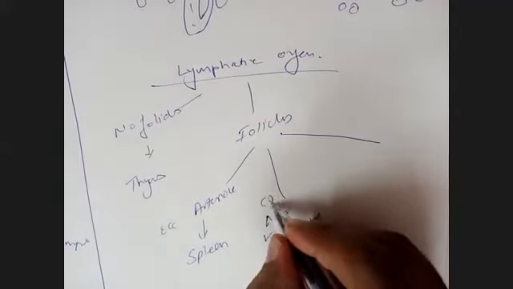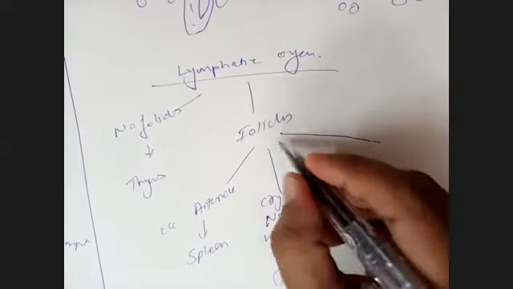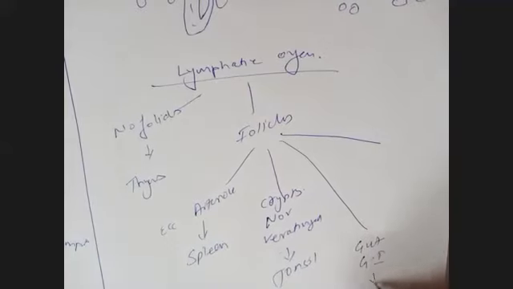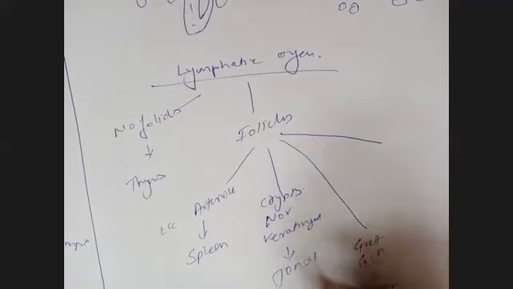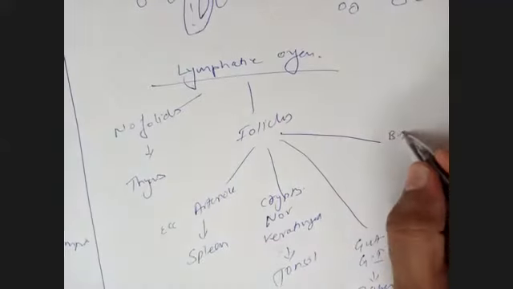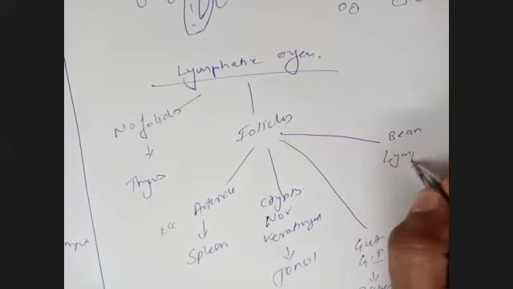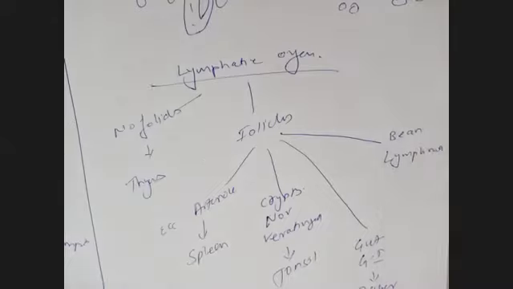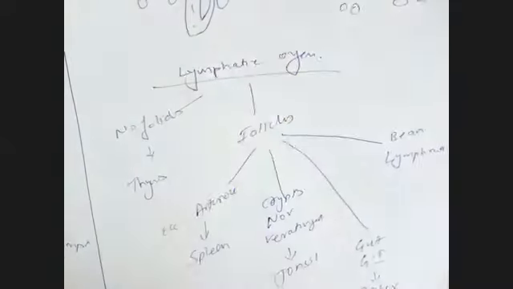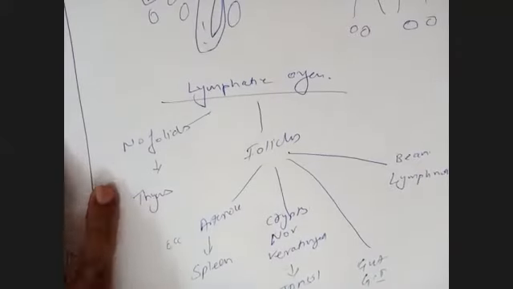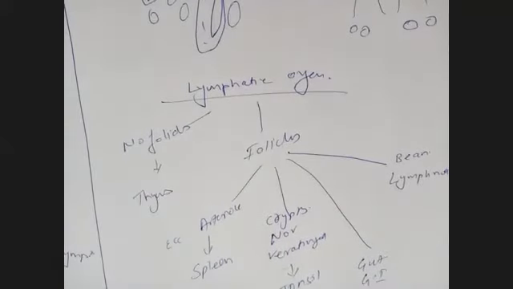If there are follicles and you can see the gut, the GI tract, then it is Peyer's patches. And if none of this, and you see bean-shaped follicles in a bean-shaped organ, then it is a lymph node.